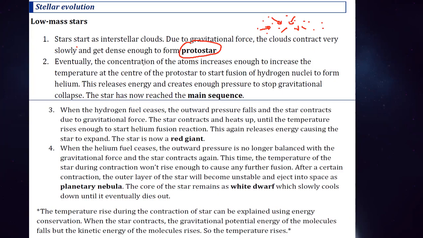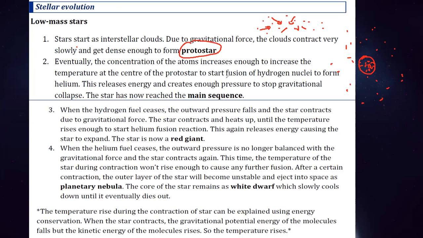Then the concentration of atoms increases, so there are more particles in a unit space, and that is enough to increase the temperature of the center of the protostar. Inside, at the center core, the temperature starts to increase as the particles come closer. Their potential energy changes to kinetic energy. They move faster. As a result, the temperature increases.